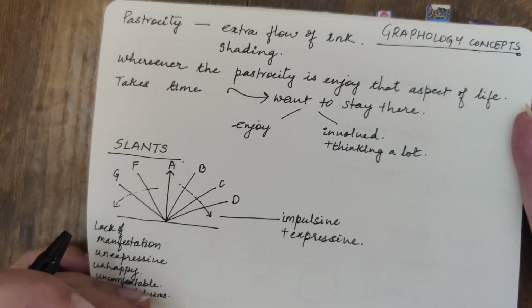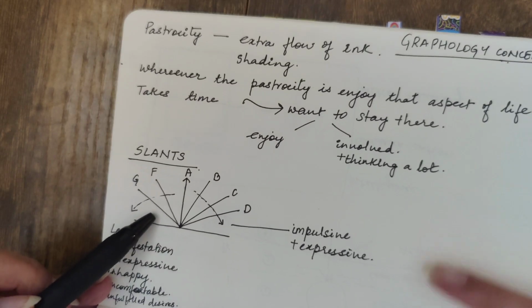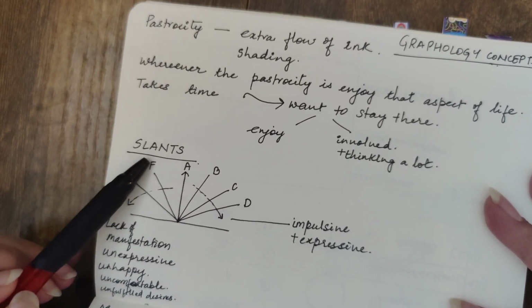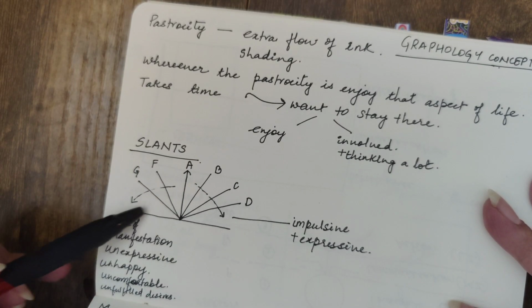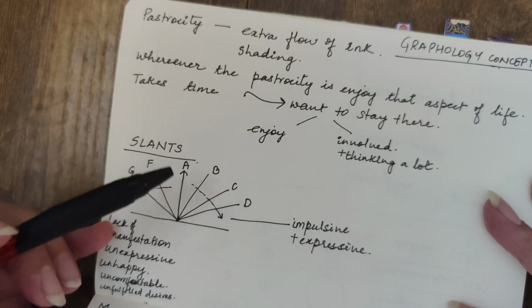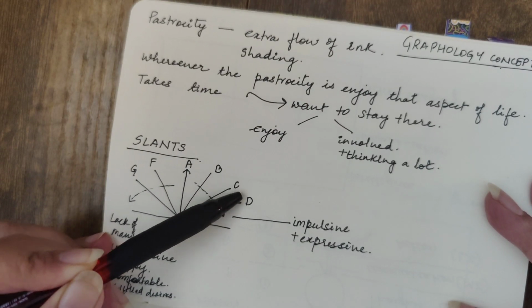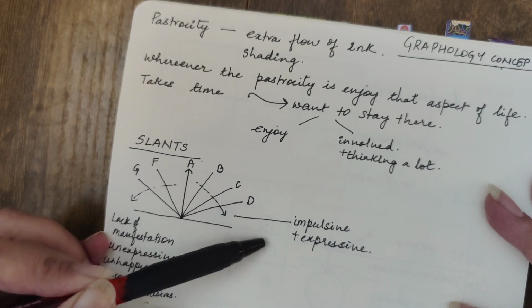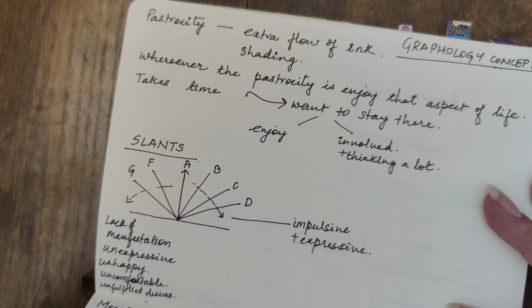Okay, another important aspect in graphology that's going to help us analyze these drawings is called slants. If something is straight at 90 degrees, then it's balanced. As soon as it starts becoming acute angles, where I've drawn B, C, and D, or going towards the right, that means it's showing impulsiveness or expressiveness in that aspect.